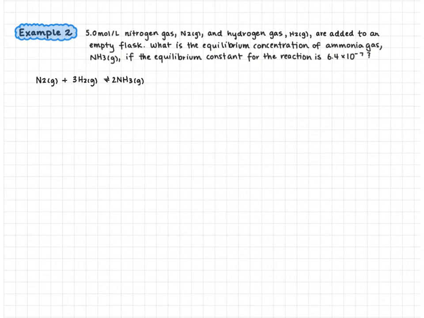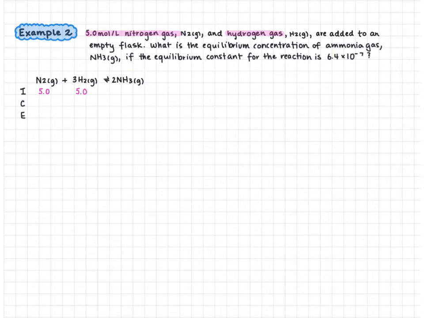So we have our equation, so we can write our ice table down the side, I, C, E. So in our question, we're given the initial concentration of nitrogen and hydrogen gases. So we can fill this information into our ice table. Remember, it always has to be molar concentration in our ice table.